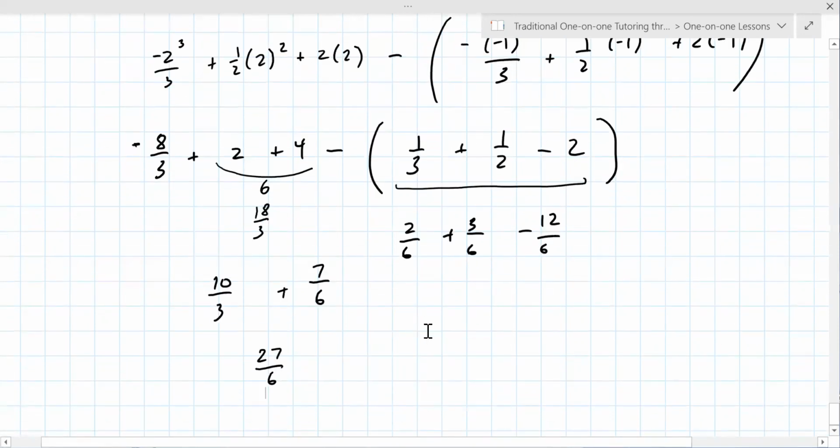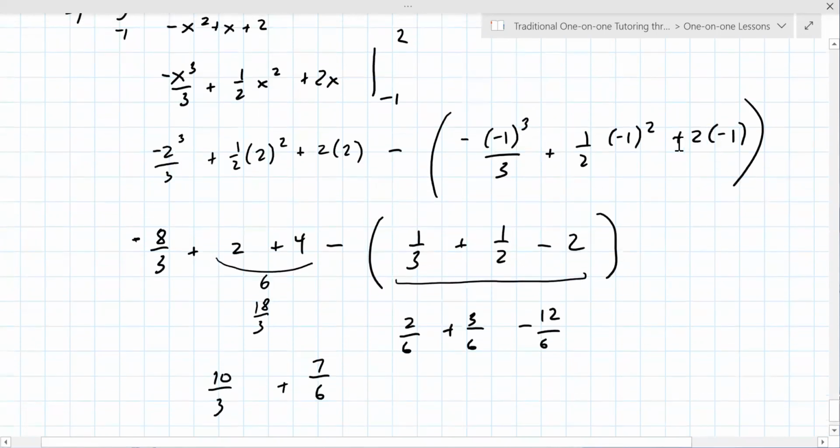Isn't it plus 2 because it's from that line below? I didn't change the sign until the end. Right, but shouldn't it be all negative on that side, on the line below? So it's minus 8/3 plus 2 plus 4. Yeah, okay.